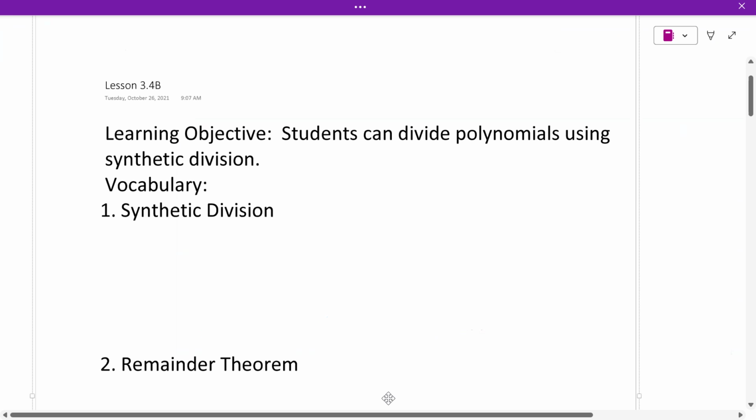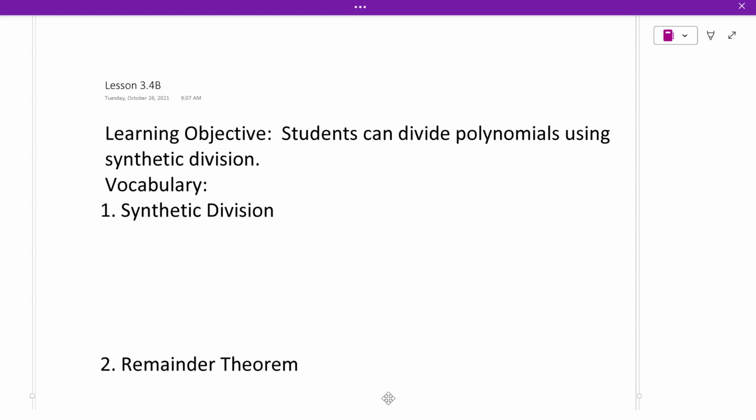So instead of doing long division, we're going to be doing synthetic division, which is much easier.